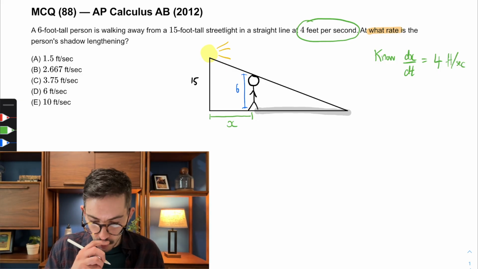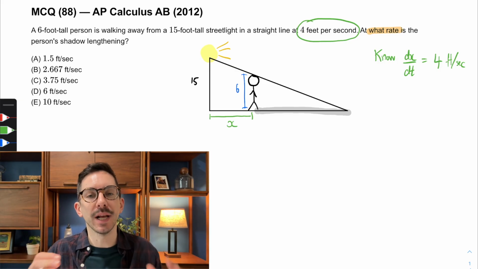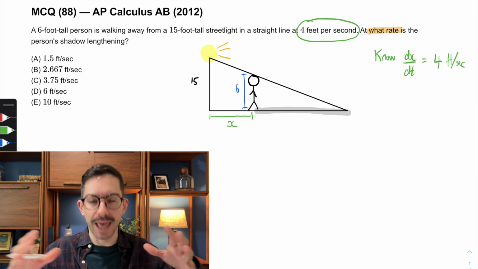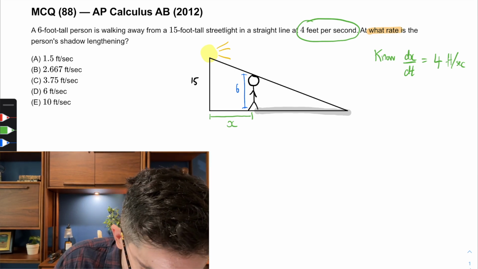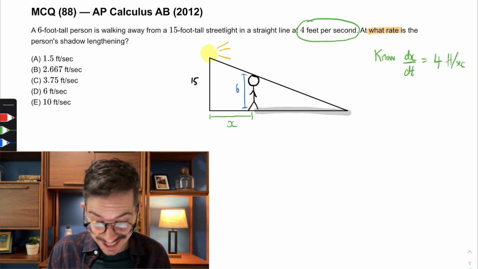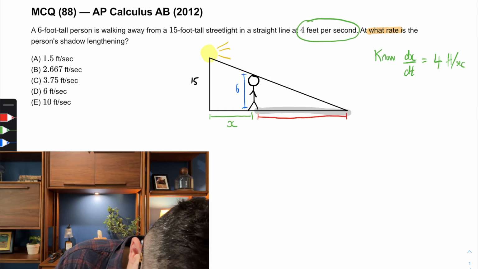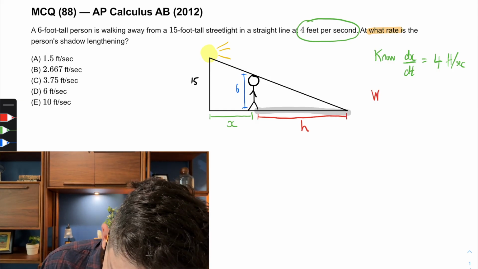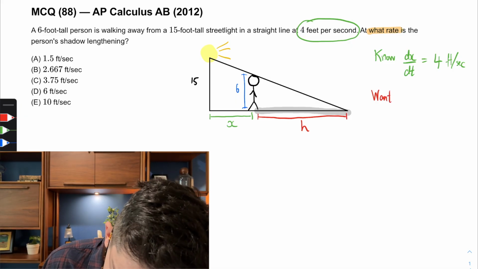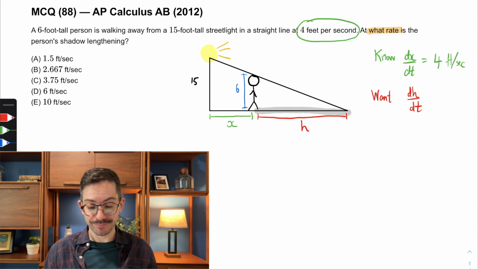Okay. Well, we want to know something about the shadow. We want to know how quickly, at what rate, the length of the shadow is increasing. So let's introduce a variable to measure that. So here is my shadow. Let's call it h. Now, with this setup, we want to know what dh by dt is.